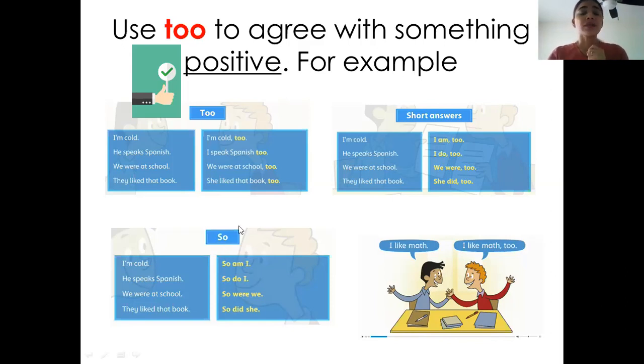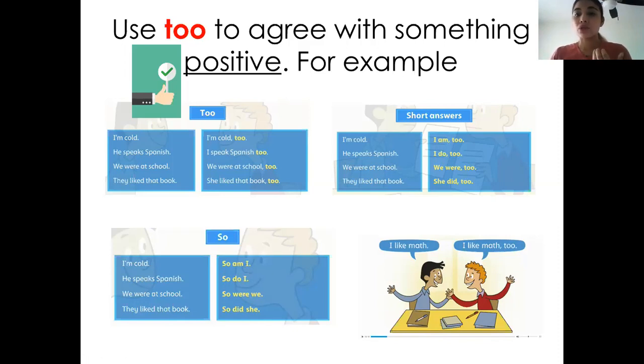We can also use the expression "so." It's very similar to the expression "too," but "so" is only used for short answers. For example, "They liked that book." And if the other girl is thinking the same, she would say, "So did she."